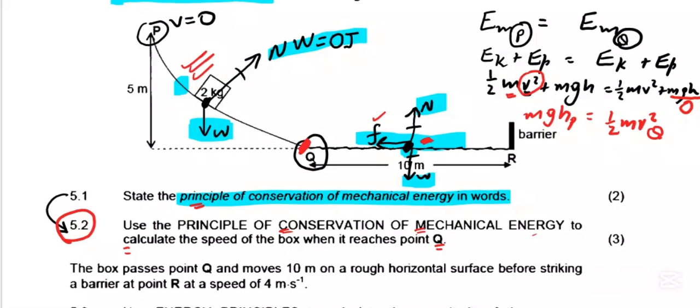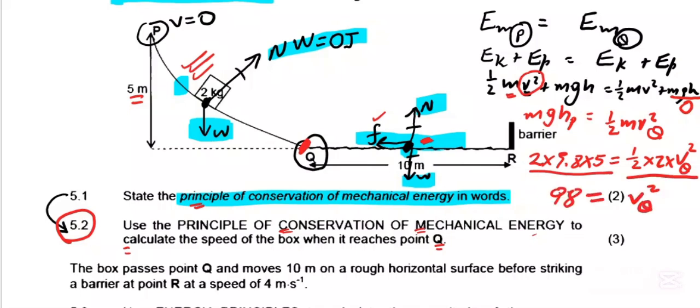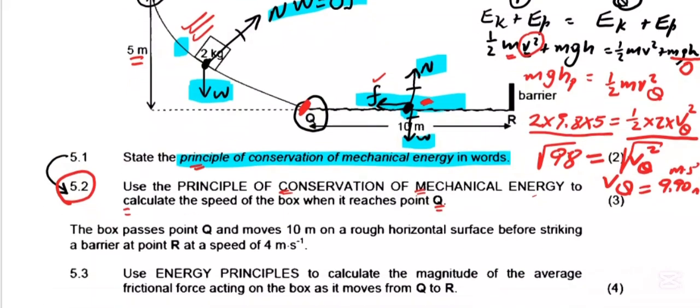The mass of the box is 2 kg, g is 9,8, the height at P is 5 meters, which is equal to 1/2 times 2 times the velocity at Q squared. So we are going to press the calculator here quickly, then we apply the square root on both sides. So the velocity at Q is found, and we are done with that question.